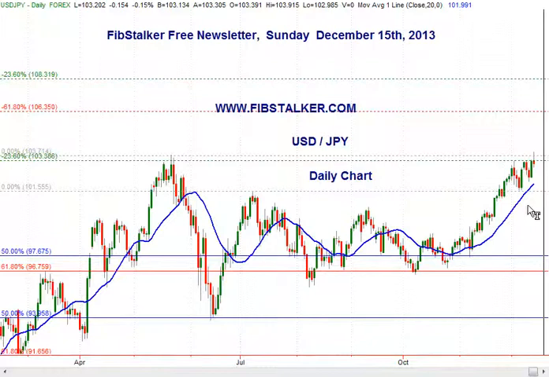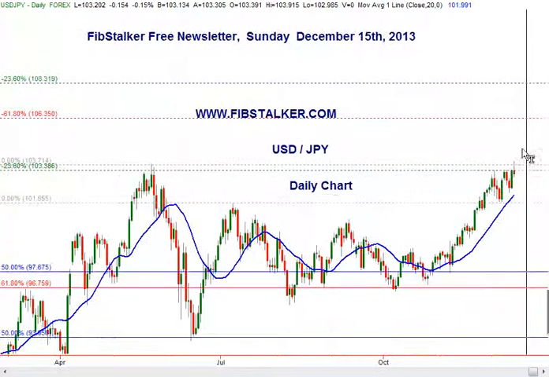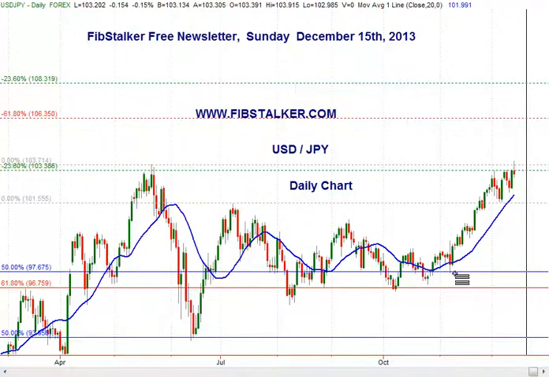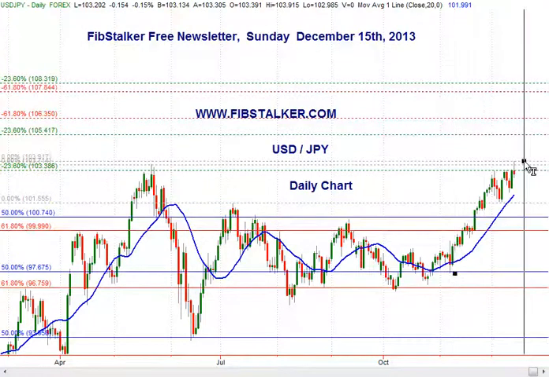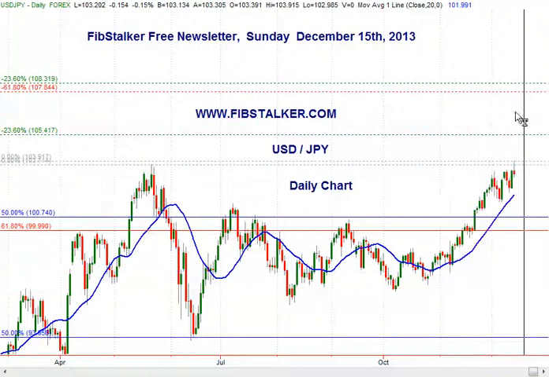So we still have two scenarios to keep in mind. The first would be a retracement into the next measure move on the daily chart, at the 180 level. The second would be just a continuation higher into this 108.31.